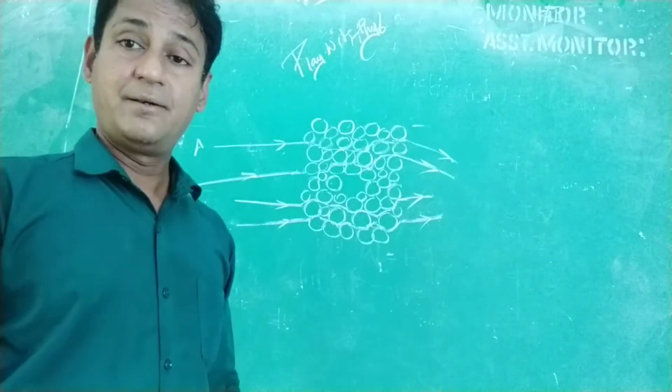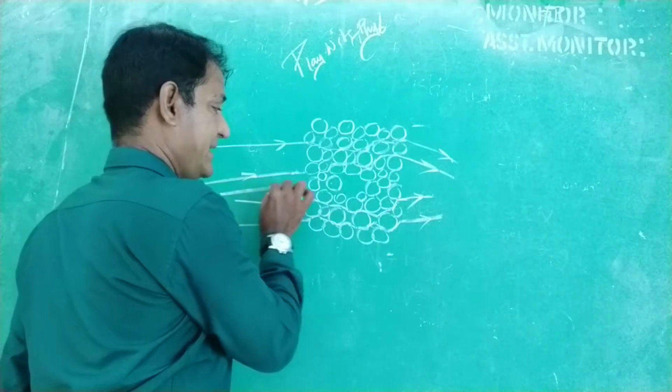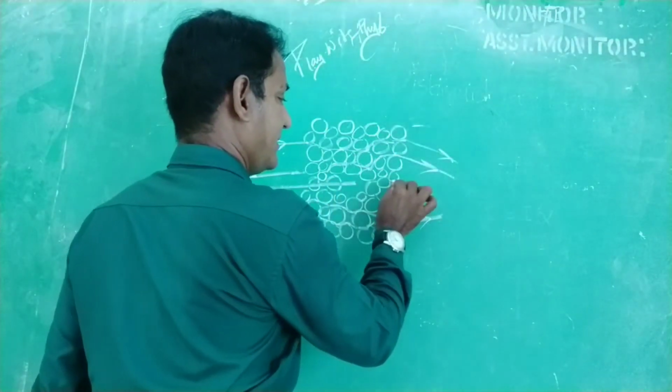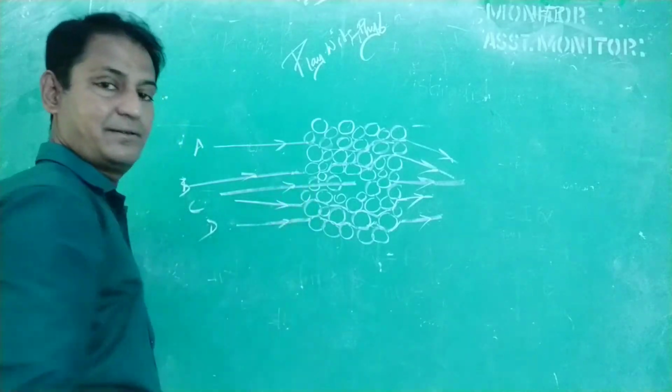But another person is running straight into this gap and comes out without any deviation.